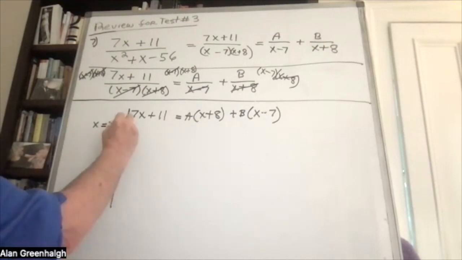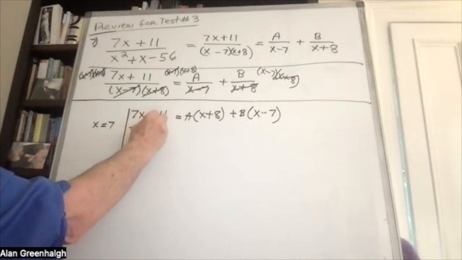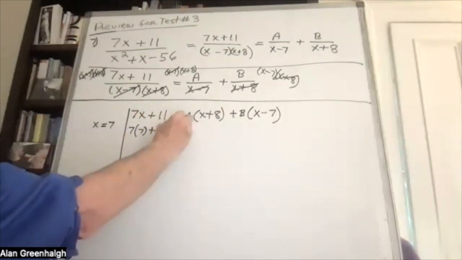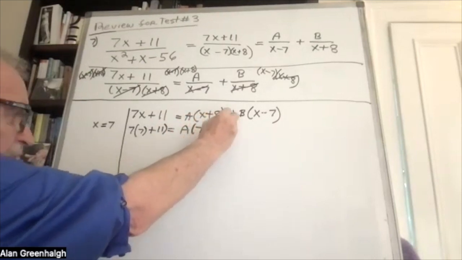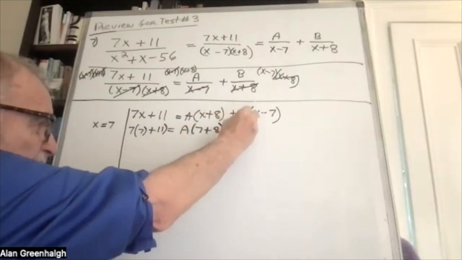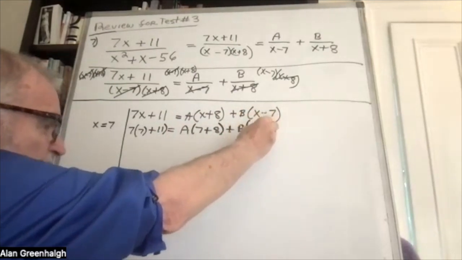So we have 7 times 7 plus 11 equals a times 7 plus 8 plus b times 7 minus 7.